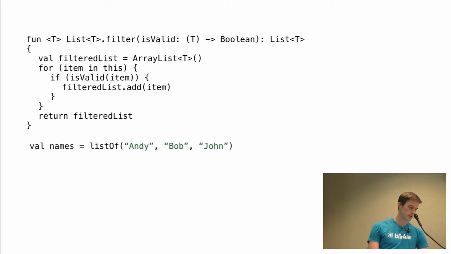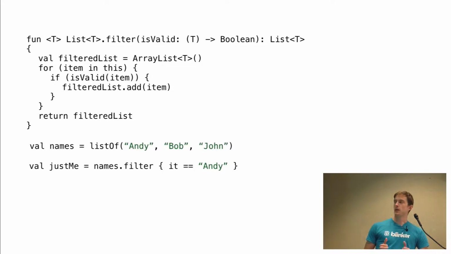So something we could do with that is take a list of names. I'll filter it by only names that are me, and now I have a list with only me in it after doing that. And note that you can do equality checks in Kotlin with the double equals, and underneath the hood it's still calling the dot equals that you would normally see.